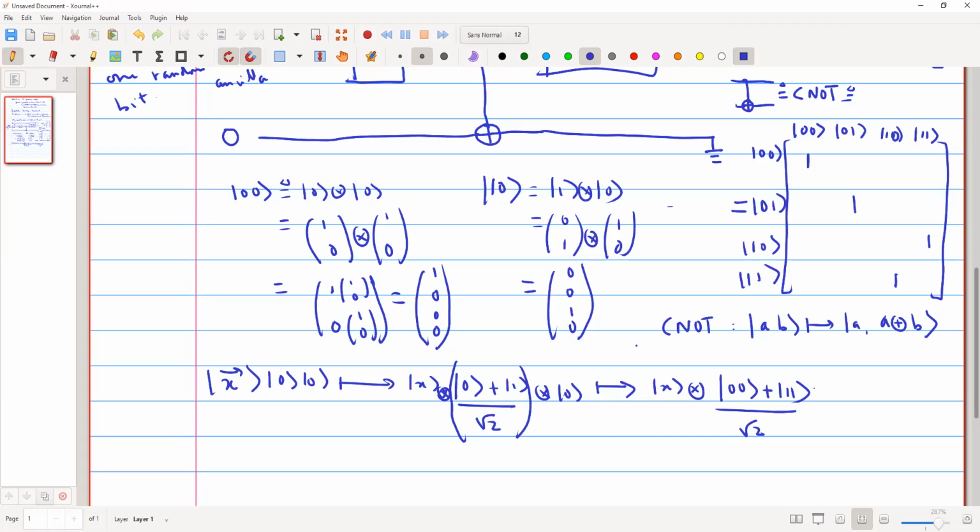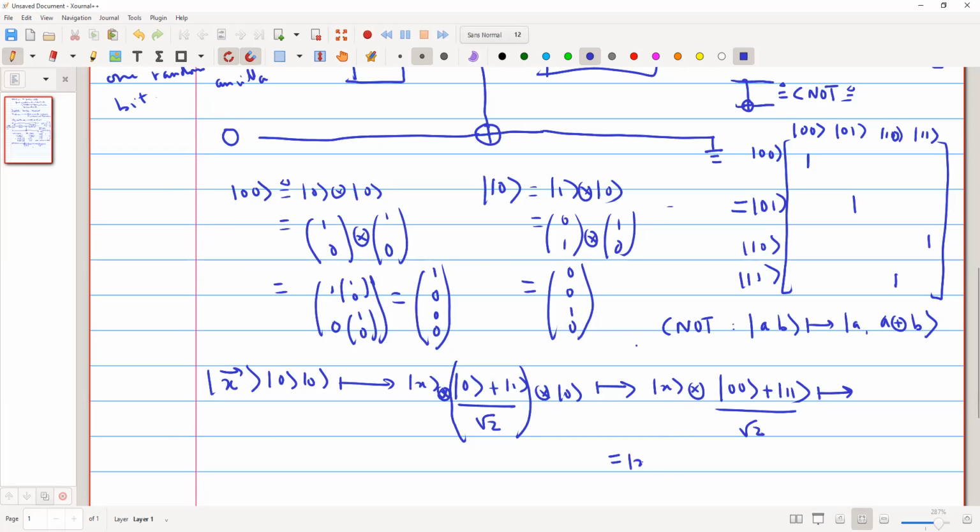Now I cannot think of it as a vector anymore. I have to start thinking of density matrices. So first of all, what does this look like in density matrices? In the density matrix language, these are ket vectors, column vectors. I'll have to multiply it by bra vectors, which is a conjugate transpose row vector.